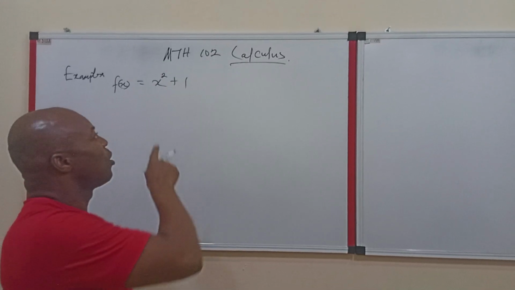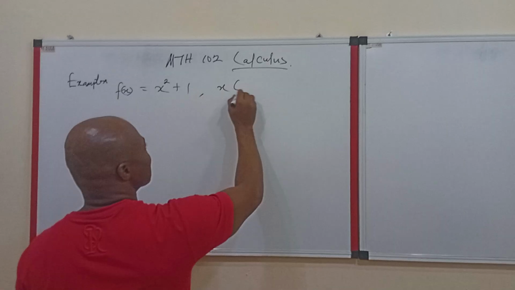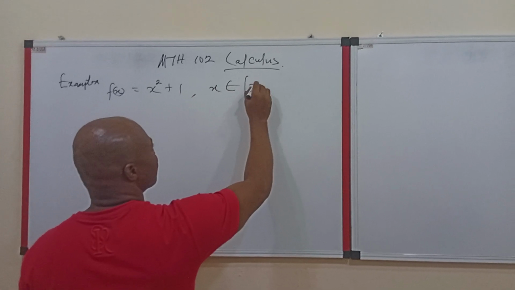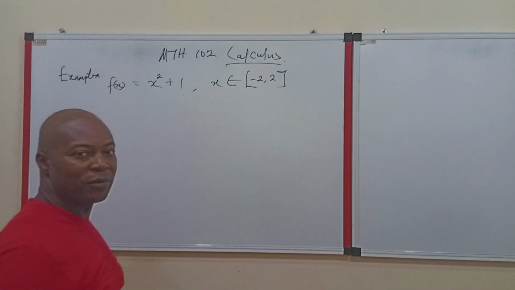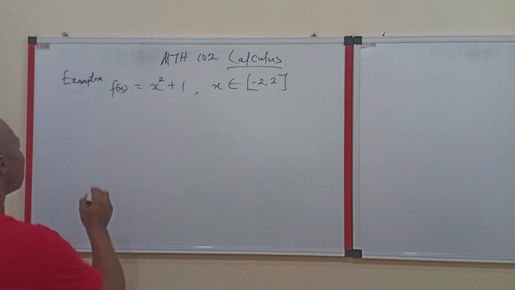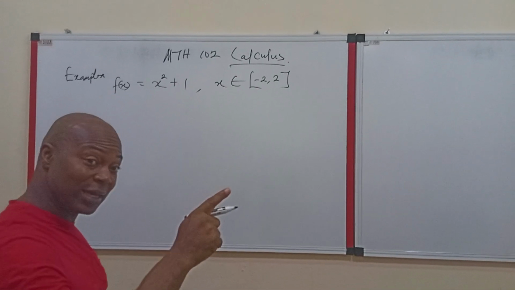Now let us plot the graph for this one, where x takes values from -2 to +2, this kind of thing. And if I remember, the values we have are the domain values that we learned.